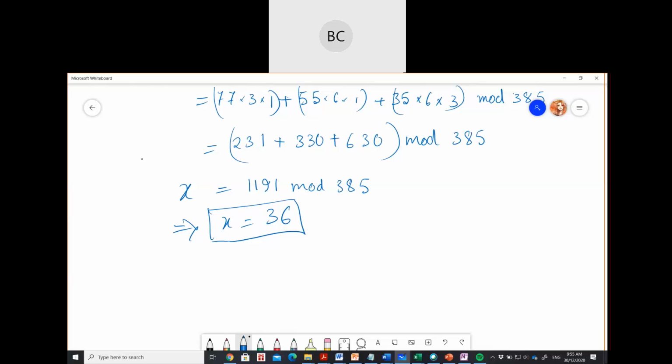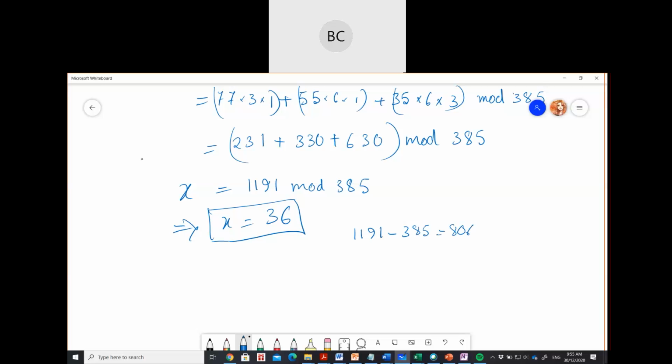Okay, if you want to verify, if you don't want to use a calculator for this, you can just find 1191 minus 385. Then the answer will be 806.